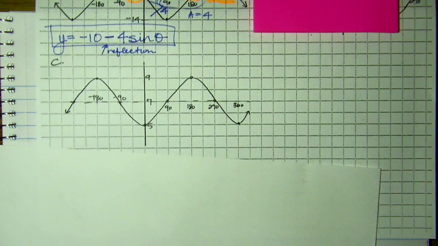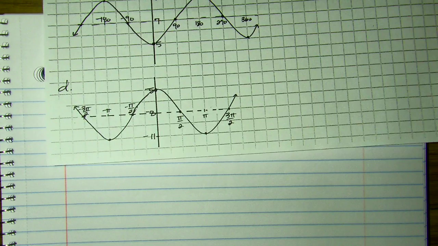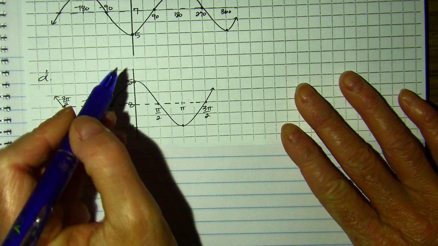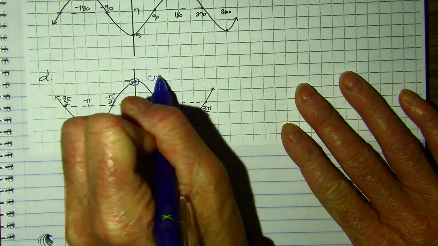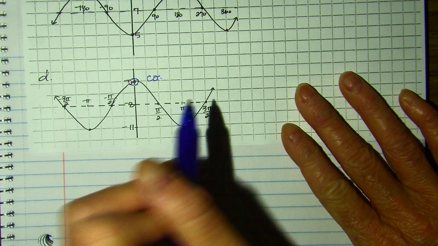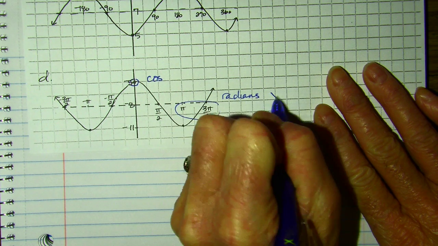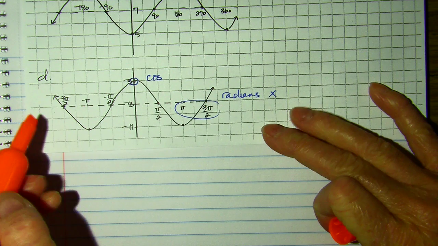Next one, and I'm going to skip over to D, and we'll go back to C. Now I notice the location of this peak is on my y-axis, so I know this is cosine. I notice that these are in radians, so I know I'm going to use x. Okay, now let's identify my center line and my amplitude.